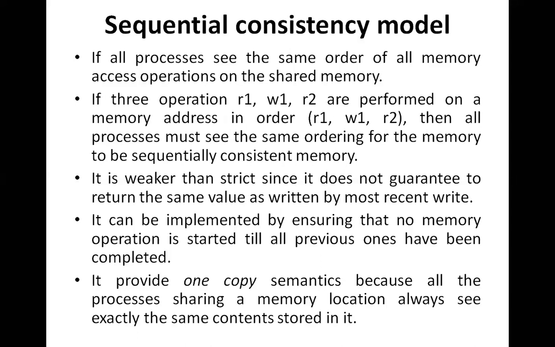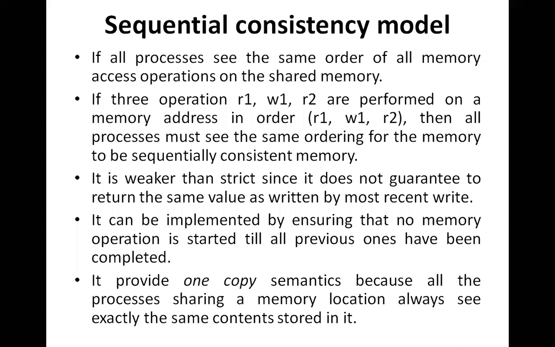So if we take an example of three operations, read operation R1, write operation W1, and read operation R2, and all these three operations are performed on a memory address in the order R1, W1, and R2, then any one of the orderings such as R1, W1, R2, R1, R2, W1, W1, R1, R2, means there are 6 possibilities.